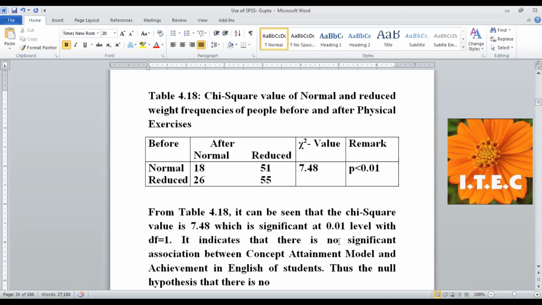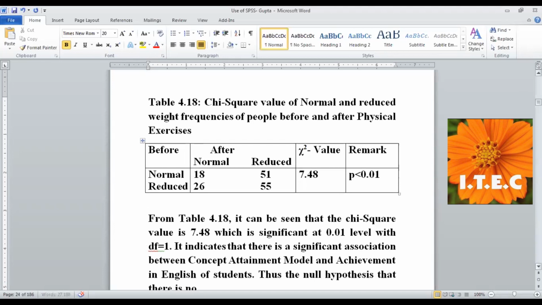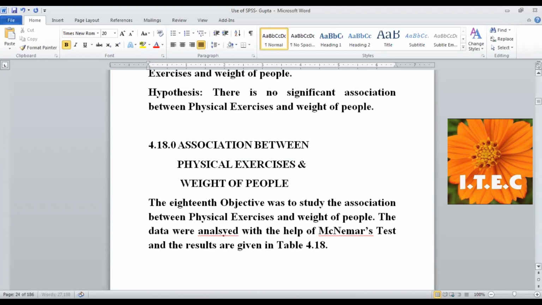It indicates that there is a significant association between physical exercise and weight of the people. Do you want to say weight of the people, or change in weight of the people? Weight of the people, no problem.